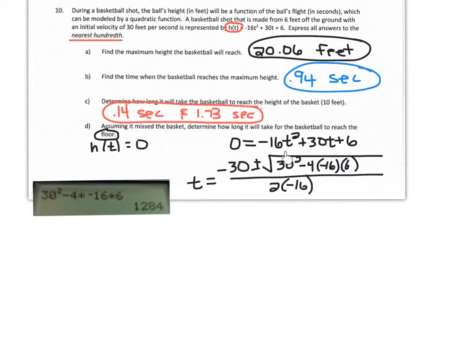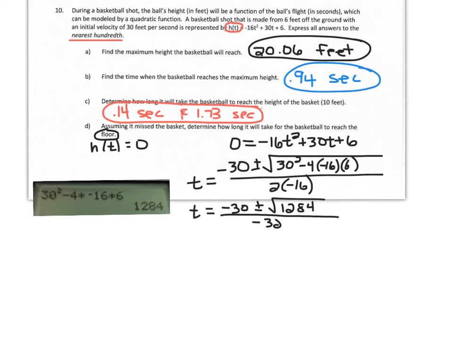I plugged this into my calculator and got 1,284. So t equals negative 30 plus and minus the square root of 1,284 over negative 32. Make sure this fraction bar extends under the negative 30 as well. This entire numerator is over the denominator of negative 32.